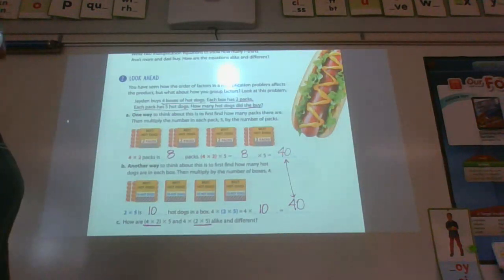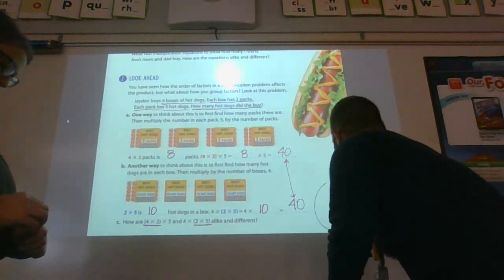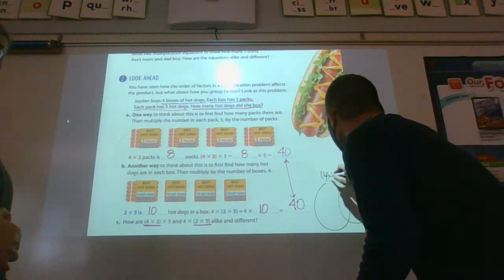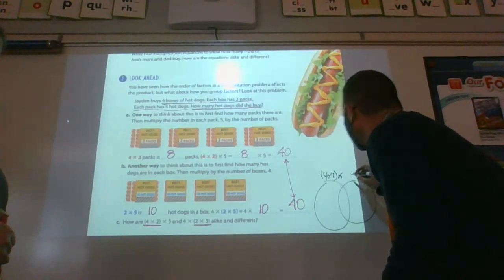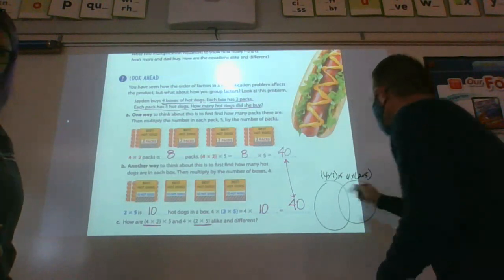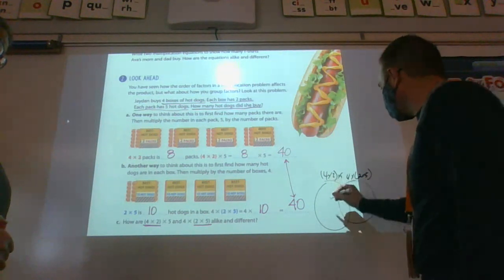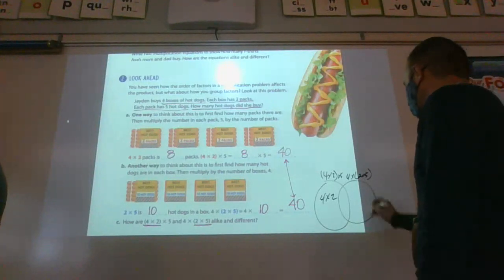So wait, Mr. Davis, what do you notice that's the same about these? So I noticed the numbers are just swapped. Well, the numbers aren't swapped, just the parentheses are swapped.